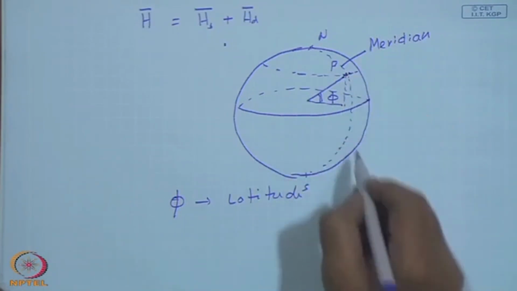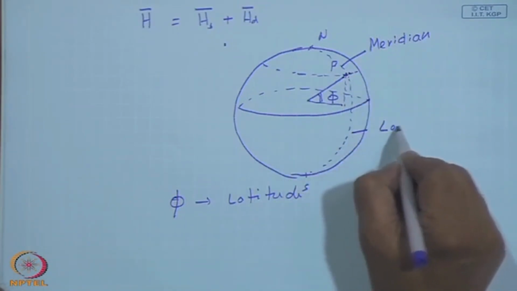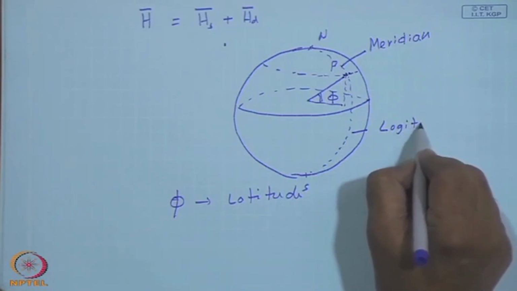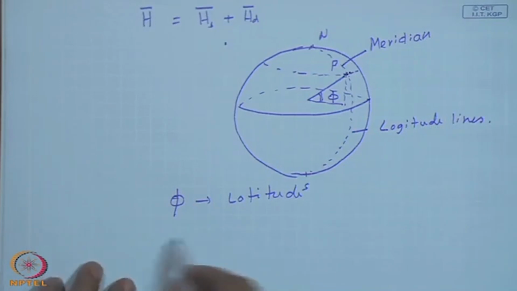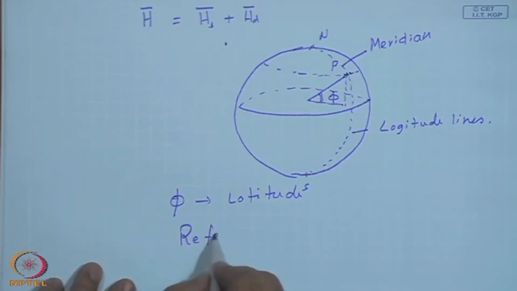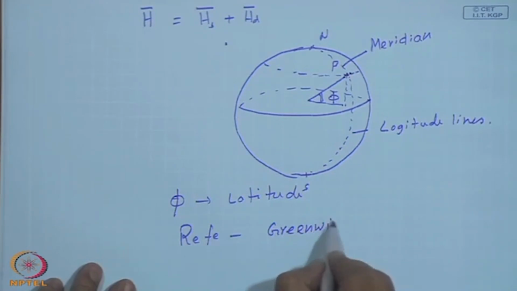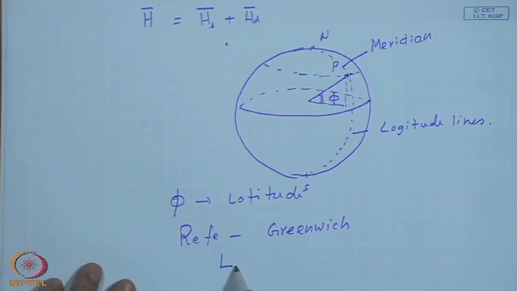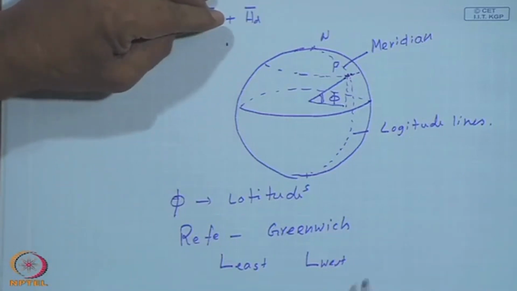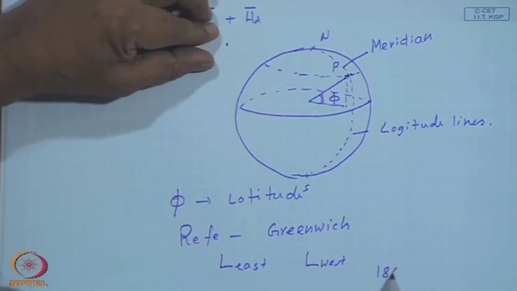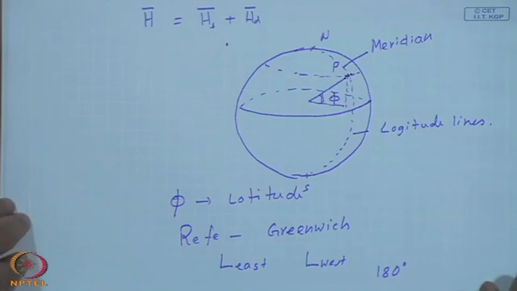These are called the longitude lines, and the reference is through Greenwich. It is east and west, going up to 180 degrees. There is no sign convention associated with the longitude.